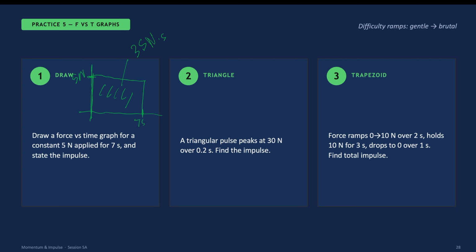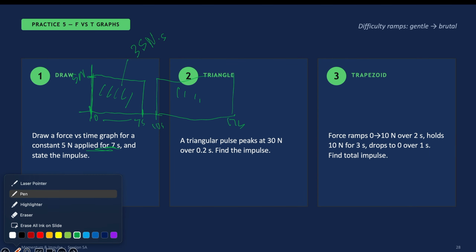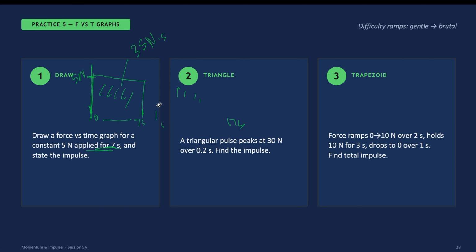Also keep in mind, it said applied for 7 seconds. That doesn't mean it needs to start at 0 seconds and go to 7 seconds. It could start at 10 seconds and go to 17 seconds. Either way, it gives you the same answer. Impulse is force times change in time, not just time. So how much does your time final differ from your time initial?